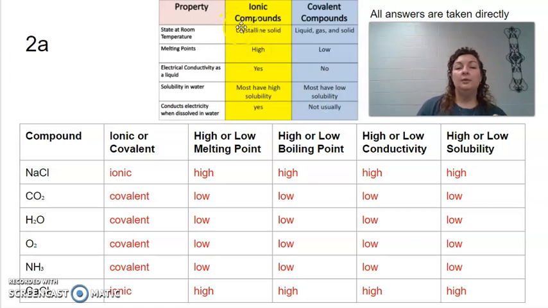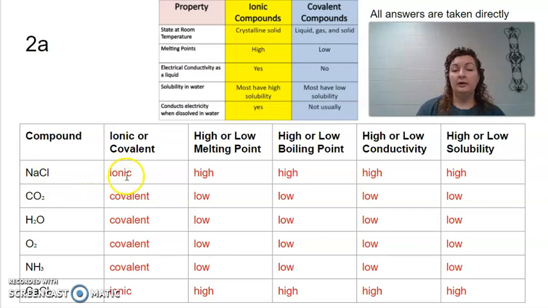So what we're given is ionic compounds and covalent compounds, the state at room temperature, melting points, electric conductivity as a liquid, solubility in water, which just means how fast it can dissolve, right? If it can dissolve well or not well, and conducts electricity when dissolved in water. So if we dissolve it in water, does it conduct electricity? Yes or no? So you had to go through each one of these.